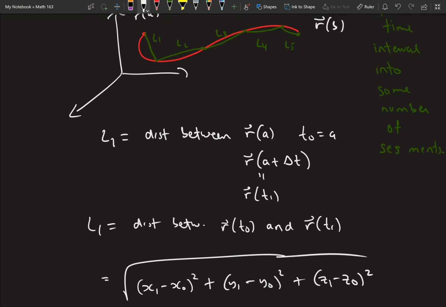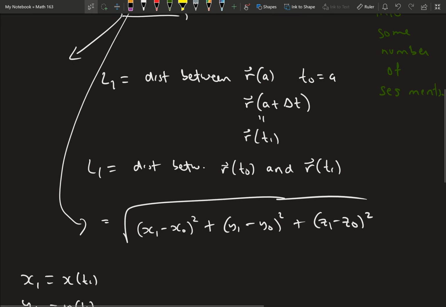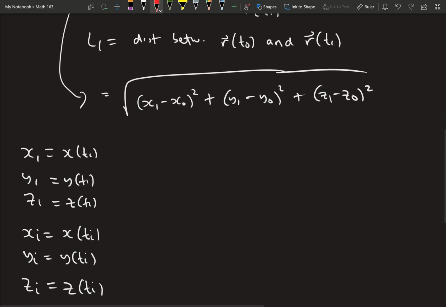And similarly, you can see in general, right now instead of 5 pieces, I just chose 5 as an arbitrary number. But as you know from calculus, as you increase the number of pieces, so here's our curve. If you have a lot more little line segments, then you're going to get a much better approximation.